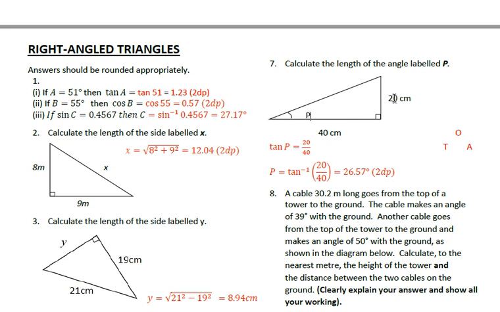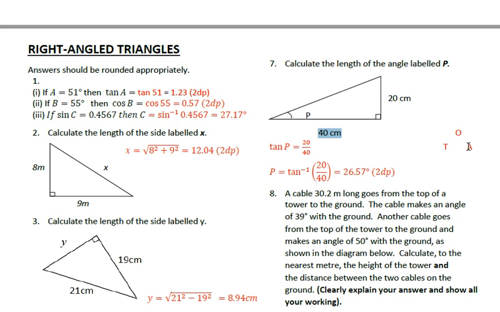Let's first work out which one we're going to use. We've got our opposite to the P is 20 centimeters, and our adjacent next to the P, so O and A. So the only one that we can use is TOA, T-O-A.